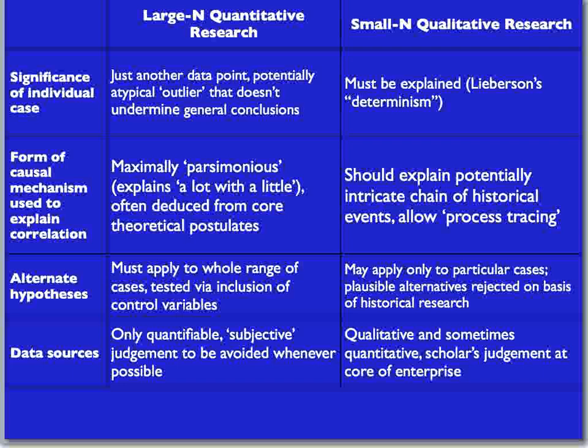But in small-N qualitative research, there's no way of getting around the fact that the scholar's judgment is at the core of the enterprise. One has to select from historical materials, one has to build historical narratives, and these things require a kind of substantive judgment that you can't reduce to a recipe.